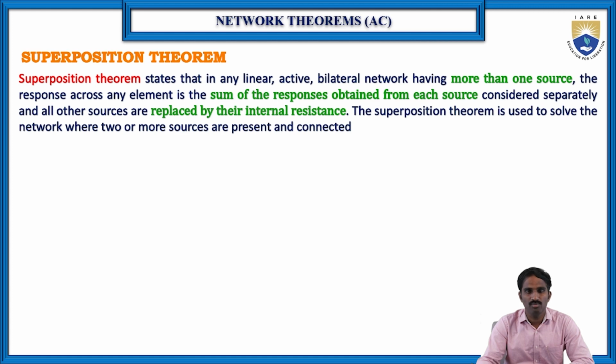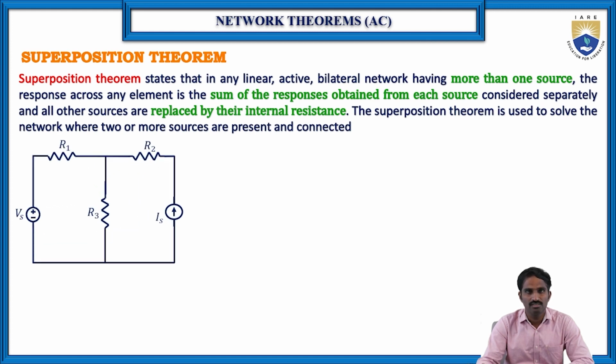The sum of the responses obtained from each source considered separately, with all other sources replaced by their internal resistances. Which means if there is a voltage source, then the voltage source is replaced with a short circuit, and if there is a current source, then the current source is replaced with an open circuit.